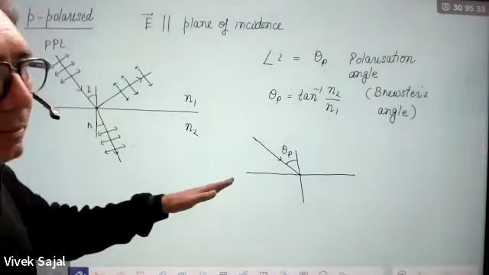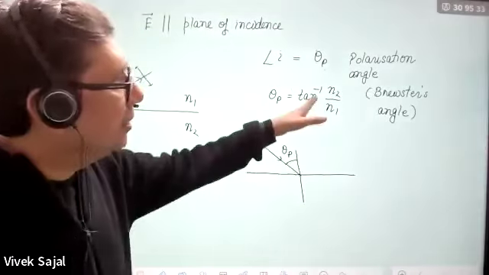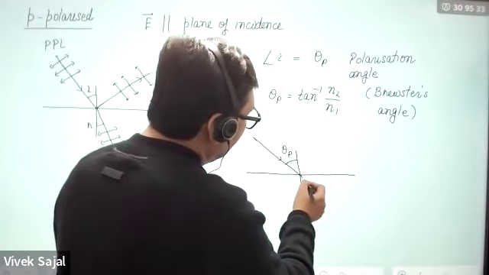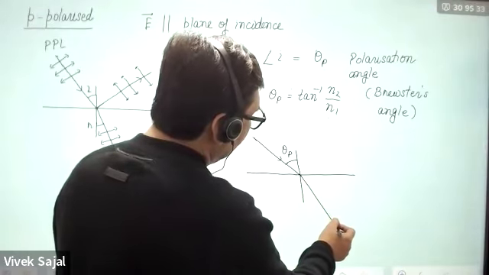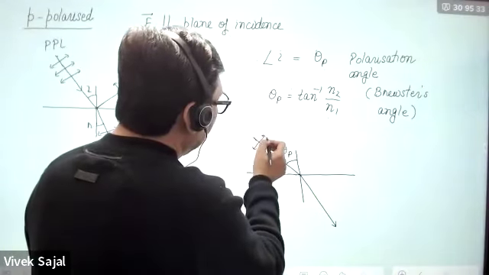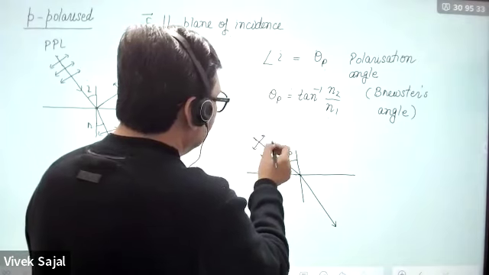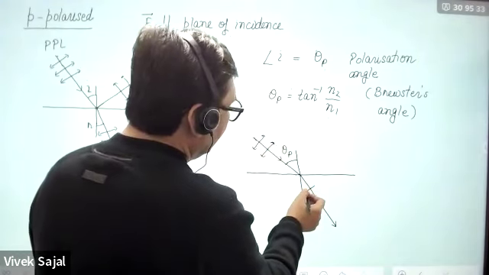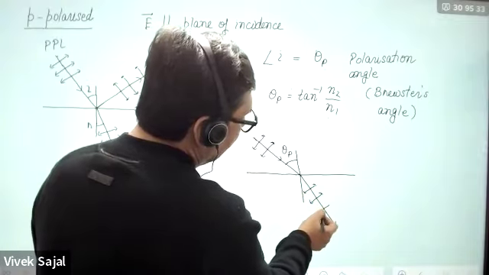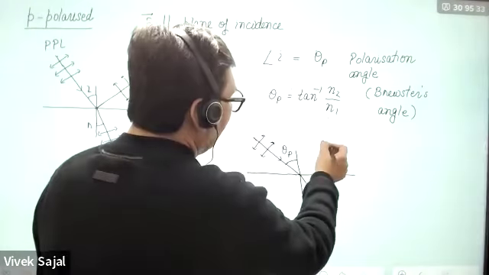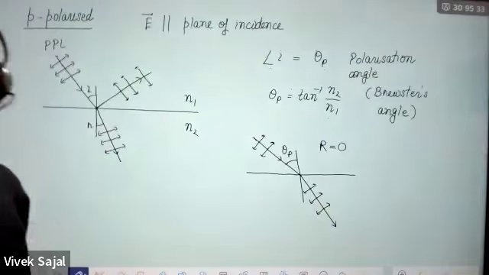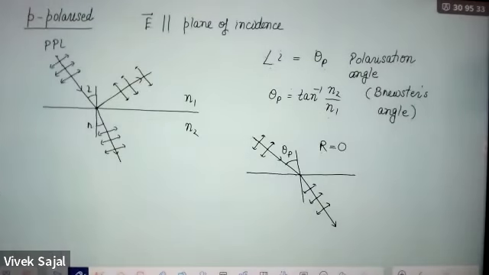When this plane polarized light is incident at the Brewster angle, there is only the transmitted part. Means for the plane polarized light, there is a particular angle theta p at which the reflected part will be absent, or you can say that the reflectivity R becomes 0. This is the property of this p-polarized light.